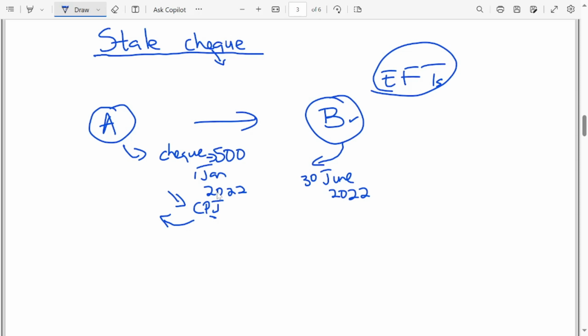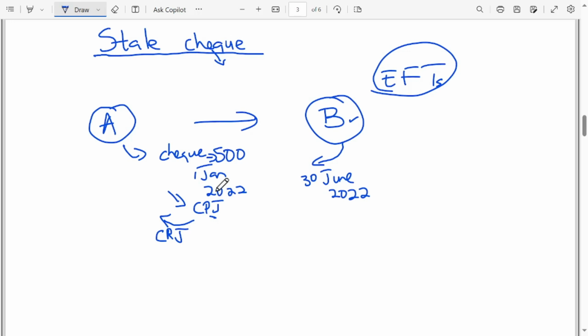Now we are going to cancel this check. The stale check is cancelled in a CRJ, the cash receipt journal, because when we were paying using a check, we thought the money was leaving the business. But the money did not leave the business because this check has stayed for 6 months.